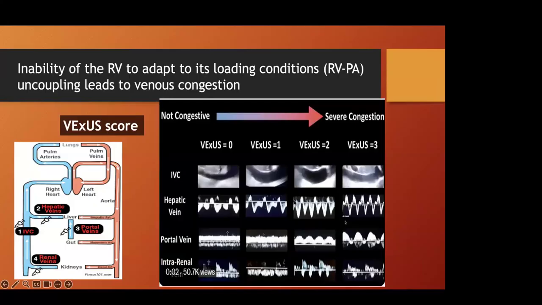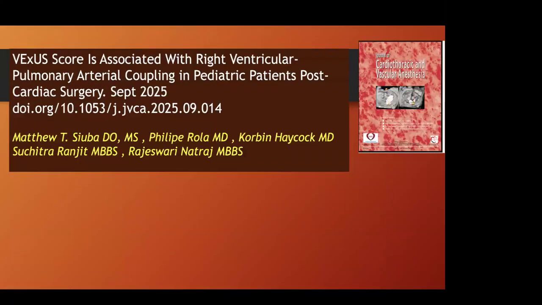So the main aim of our study was to see whether a high VExUS score alone can predict RV-PA coupling at the bedside. This was done in 2025 in a set of post-op cardiac patients in our hospital.